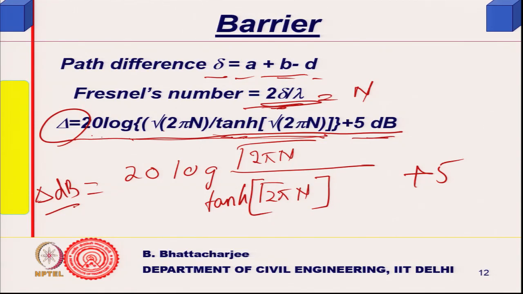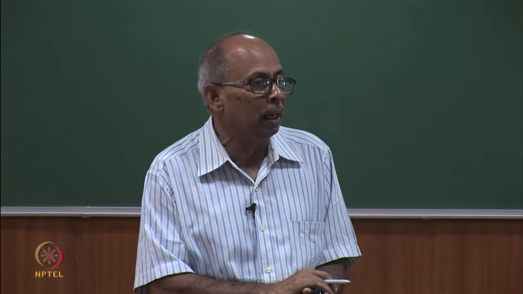That is for some condition, because this is a semi-empirical equation, as I am saying, it is valid for certain conditions, and that condition is that n should be greater than 0.19 and less than 5.03, right. The path difference will be small if the height of the barrier is quite small, or no barrier, let us say.